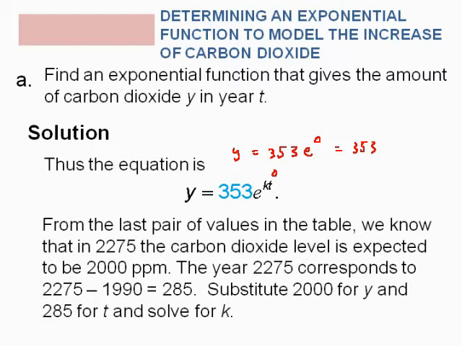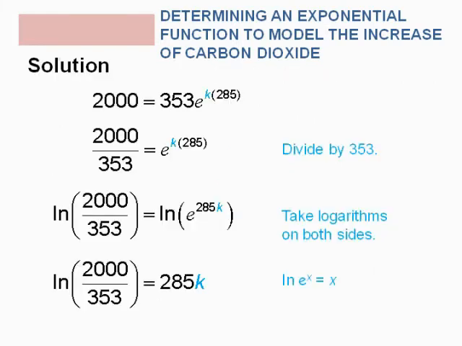In the next graphic, we put 2,000 in here and 285 in here. From the data points, we know the initial value is 353, and we can solve and get that constant of proportionality.